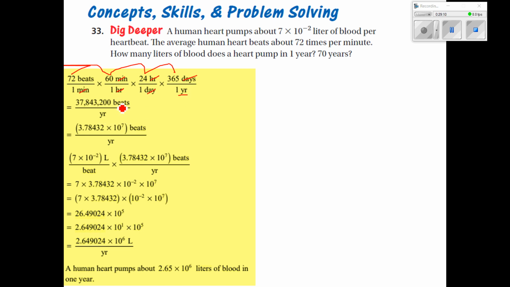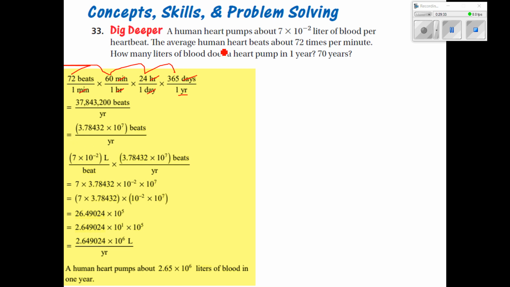Now that I got this big number for multiplying these 4 numbers together, I realize that this is going to be in scientific notation, 3.78432 times 10 to the 7th power. Okay, now we got the average heartbeat about 72 times a minute, right?